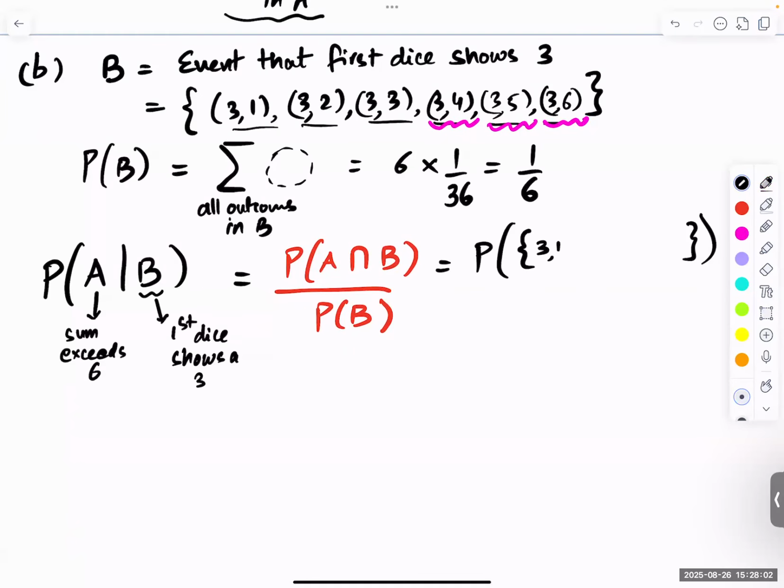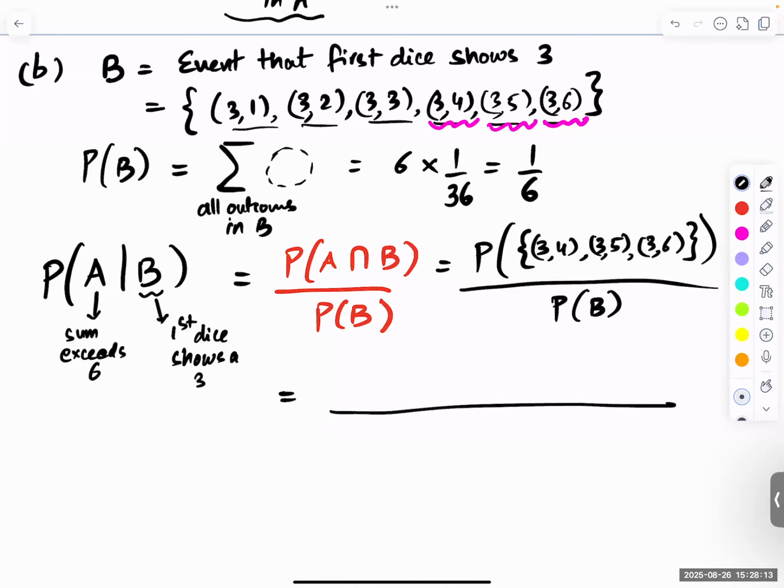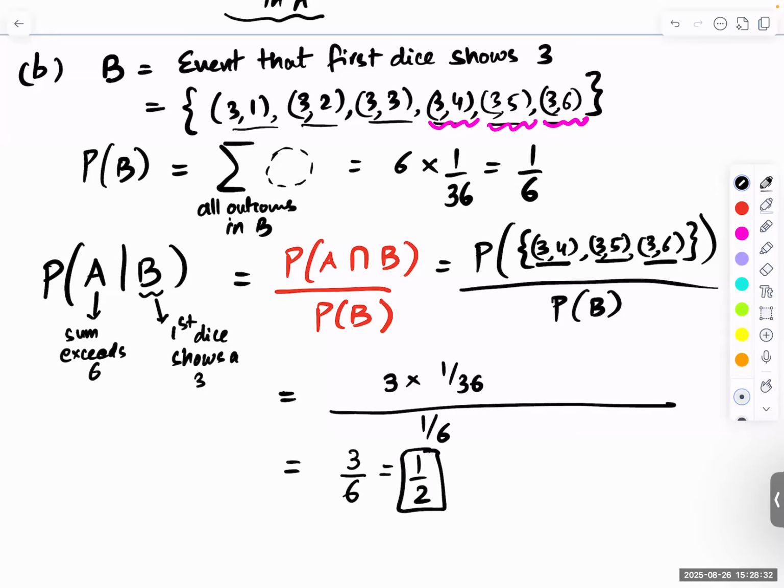We get 3 and 4, 3 and 5, and 3 and 6, divided by the probability of B. So what will be the numerator? The numerator will be the probability of this plus this plus this. So it will be 3 times 1 by 36 divided by the probability of B, which was 1 by 6. And what are we going to get? We are going to get 3 by 6, which is 1 by 2. That's our answer. Okay.